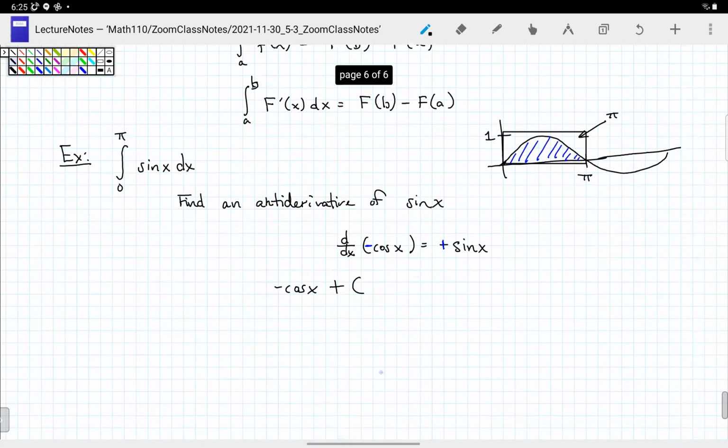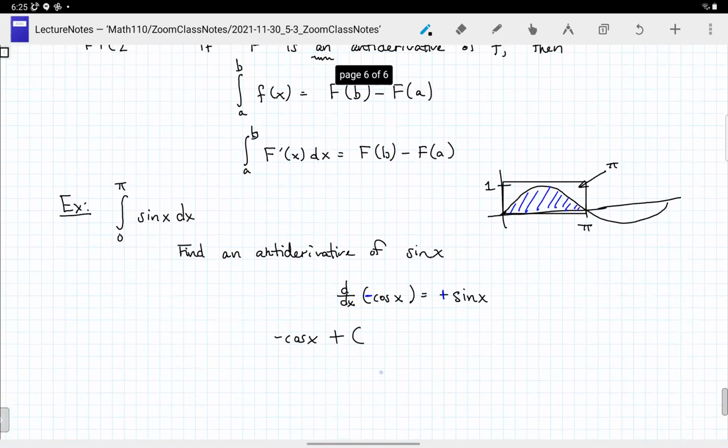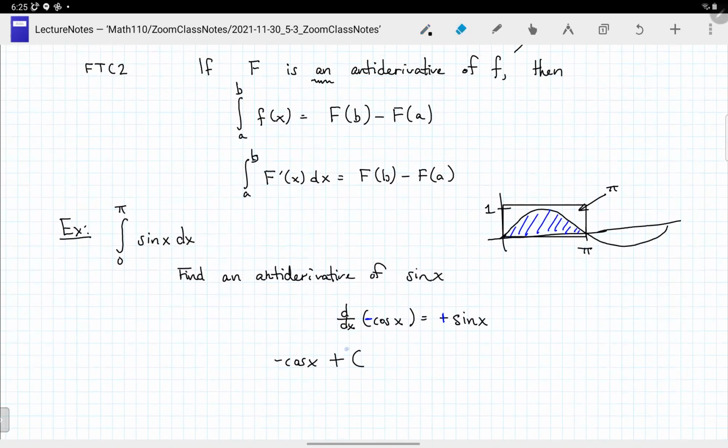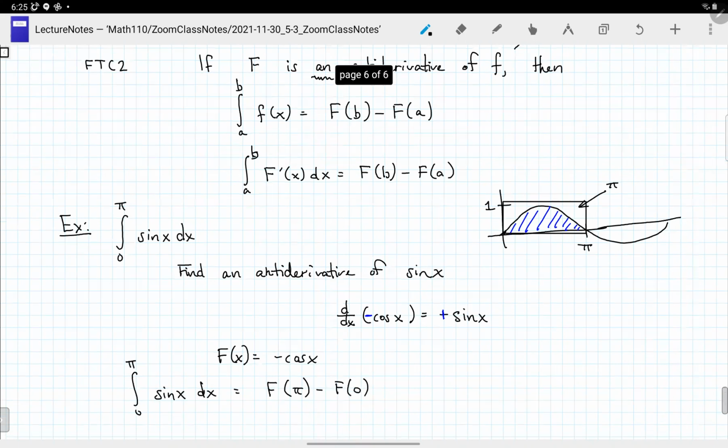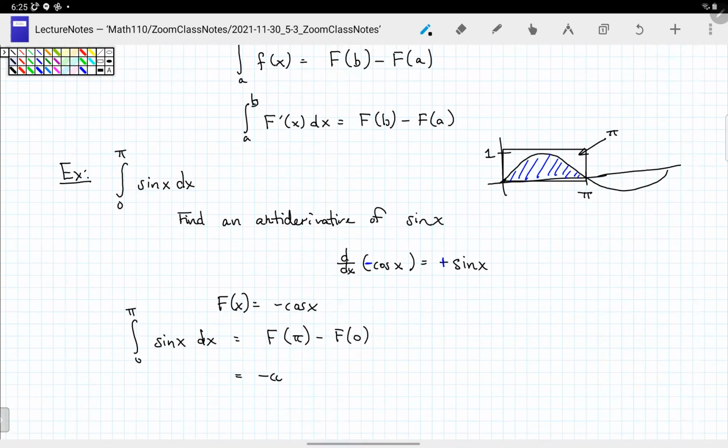So let's take capital F of x is just negative cosine of x. And this tells us from the fundamental theorem of calculus statement 2, the integral from 0 to pi of sine of x dx is capital F of pi minus capital F of 0, which is going to be negative cosine of pi minus negative cosine of 0.